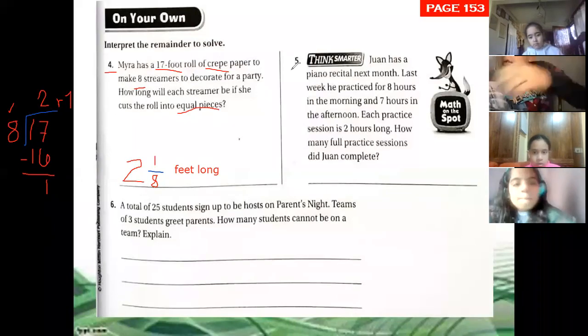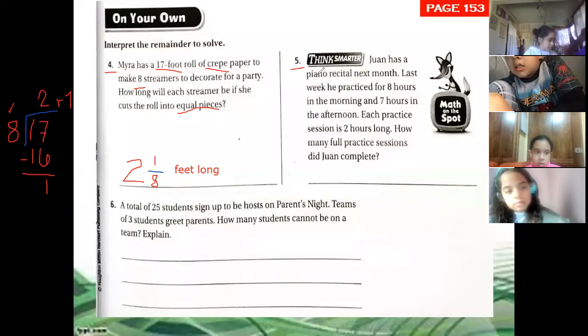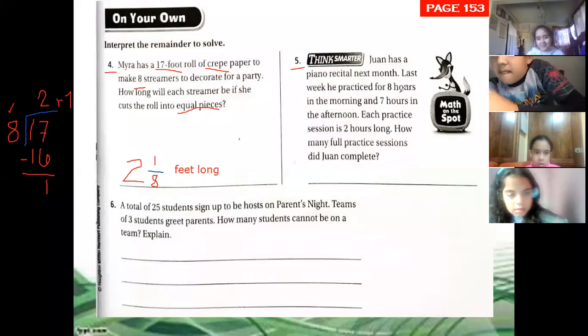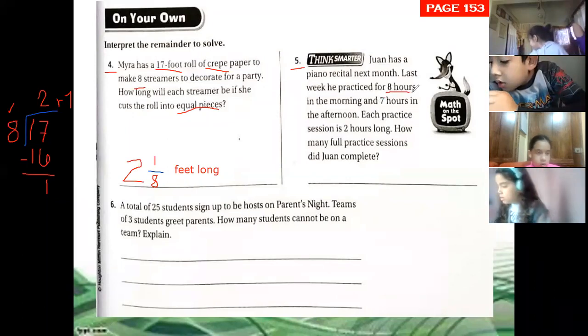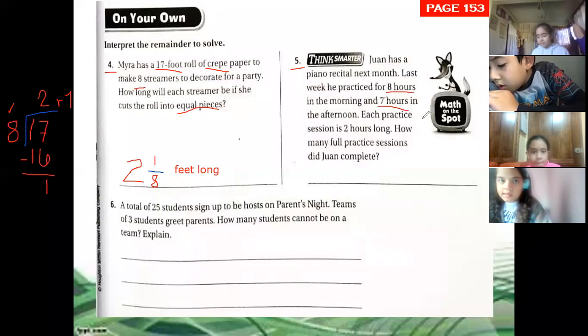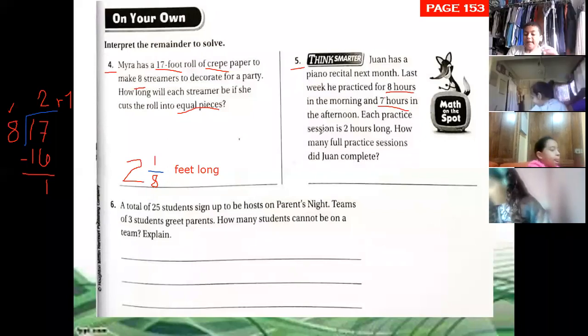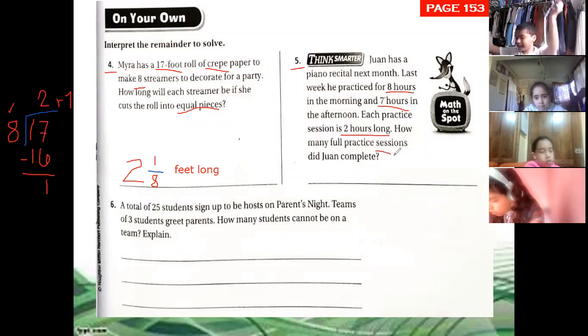Good. Exercise 5. Juan has a piano recital next month.